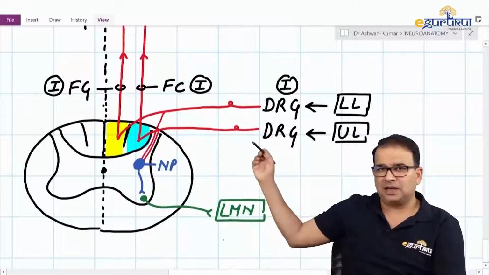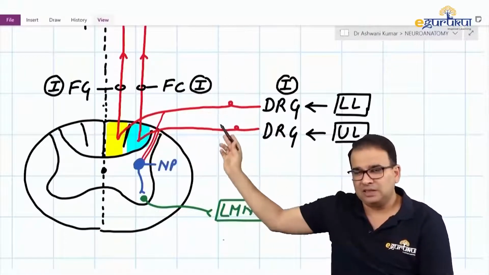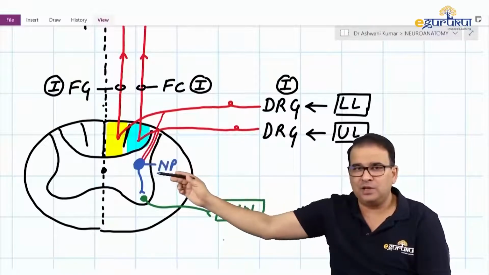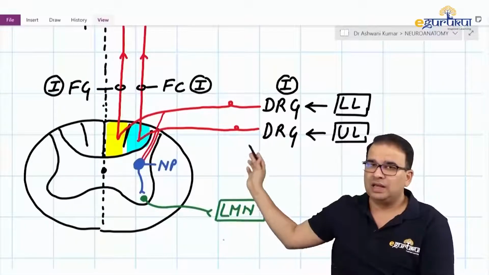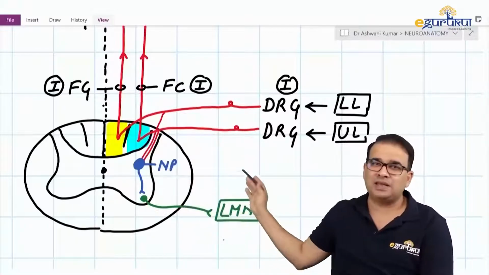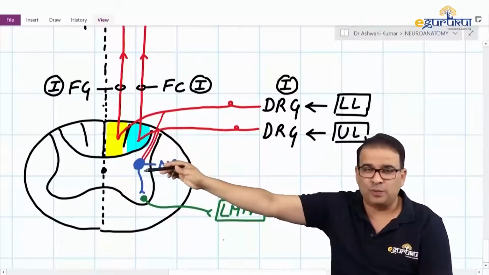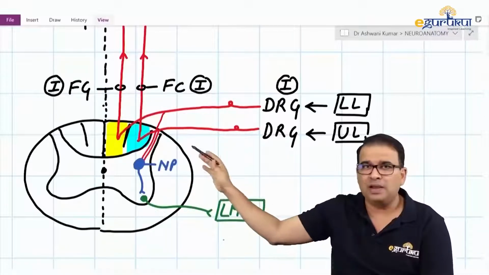It tells me that the reason few fibers came inside, although sensation has gone above, the reason few fibers came inside and relayed there, is so that from there the interneuron can come here, and from the ventral horn the lower motor neuron can go out. That can keep this reflex arc maintained. If there is no relay at all in the nucleus proprius, that means there is no information given to the spinal cord gray matter, then how will you maintain the reflex arc?